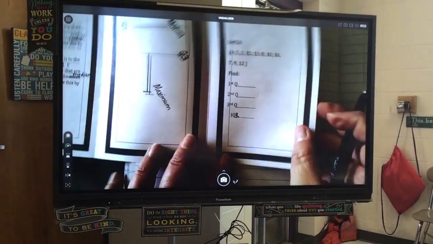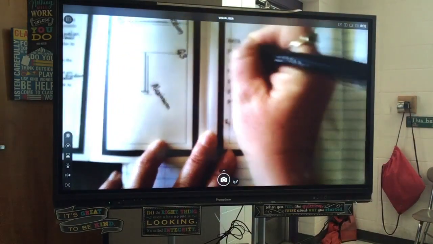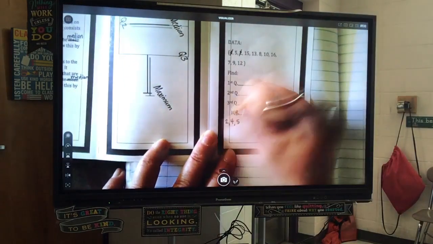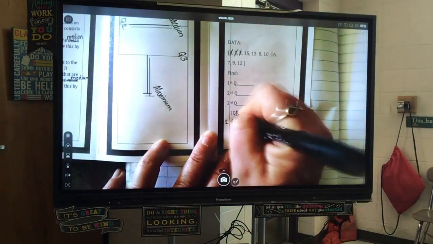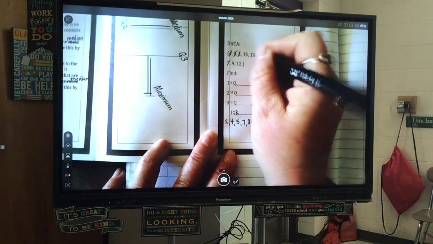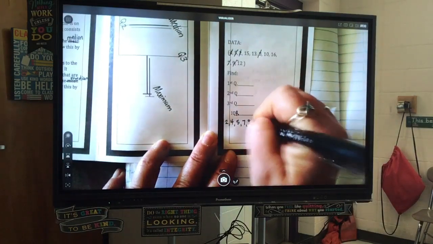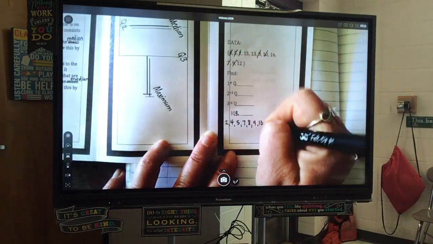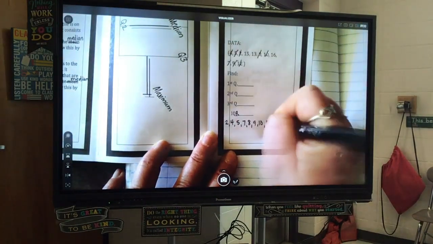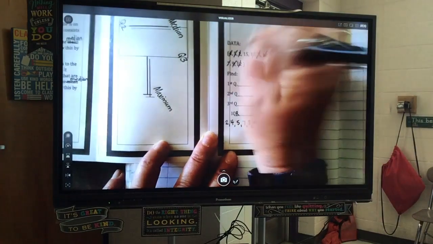So we're going to put our numbers in order from least to greatest. So we have 2, 4, 5, 7, 8, 9, 10, 12, 13, 15, and 16.